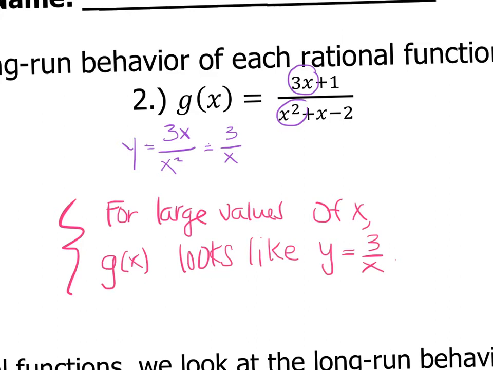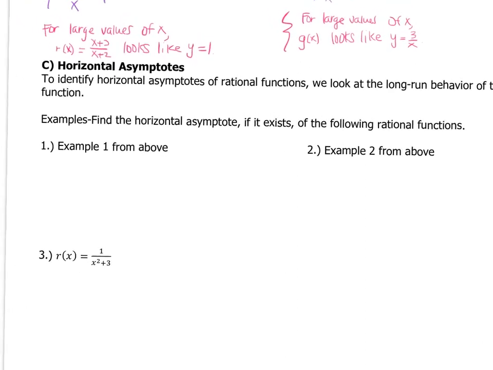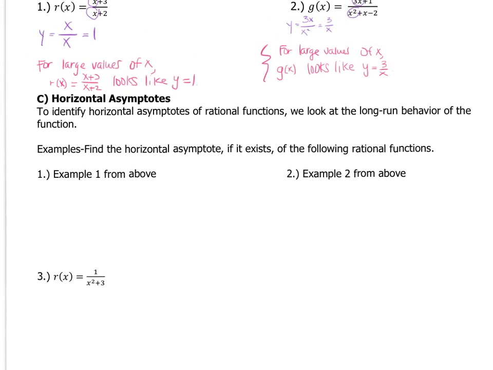rational function, okay? Then the very last part of this lesson is identifying horizontal asymptotes of rational functions. To do that, again, we look at the long run behavior of the function. So we're going to find the horizontal asymptote, if it exists, of the rational functions.